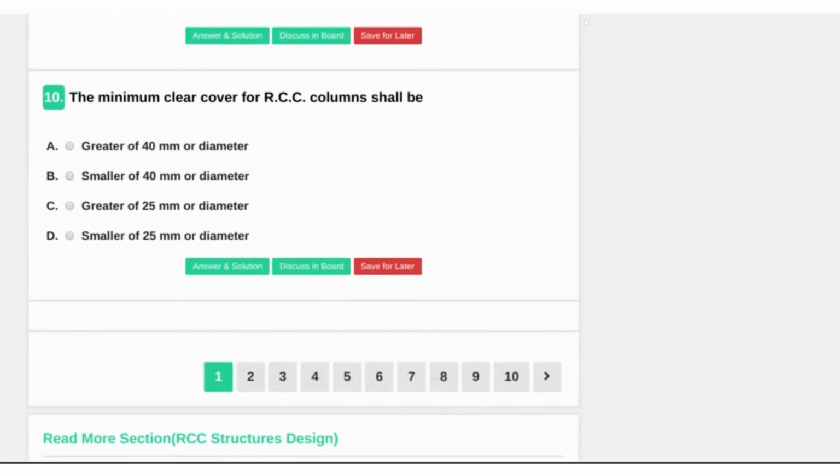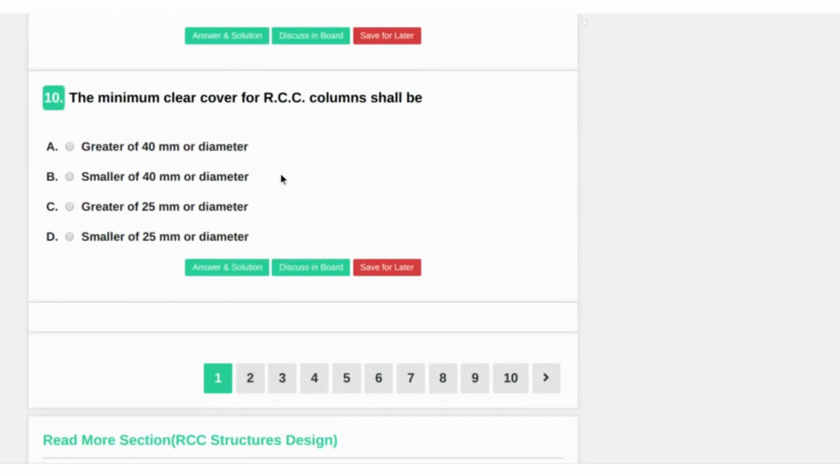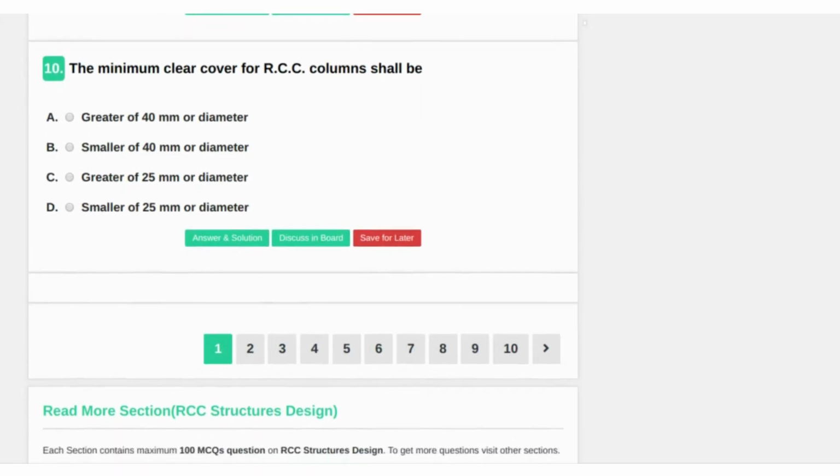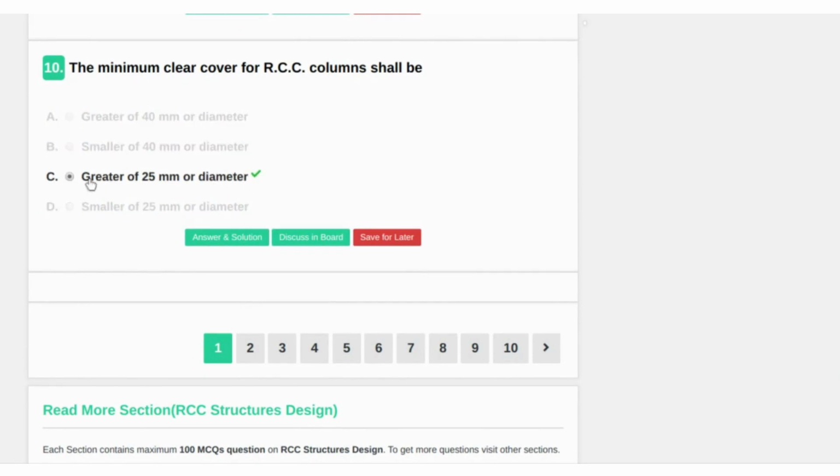The minimum clear cover for an RCC column shall be the minimum value, whichever is greater: 25 mm or the diameter, whichever is greater.